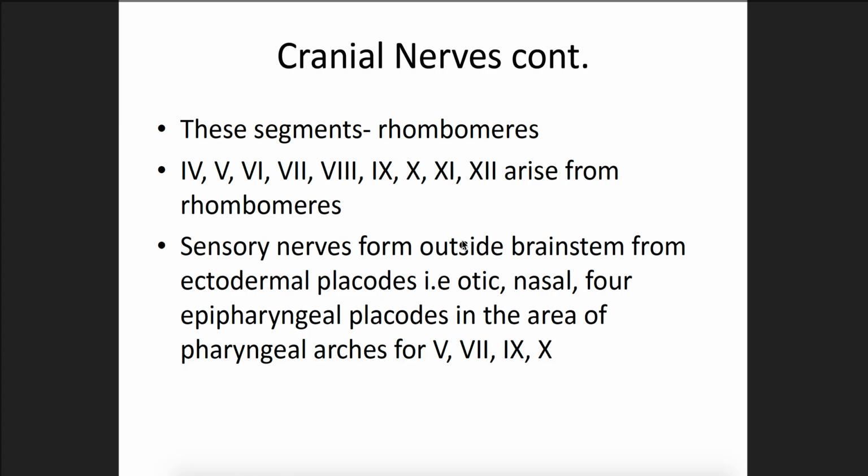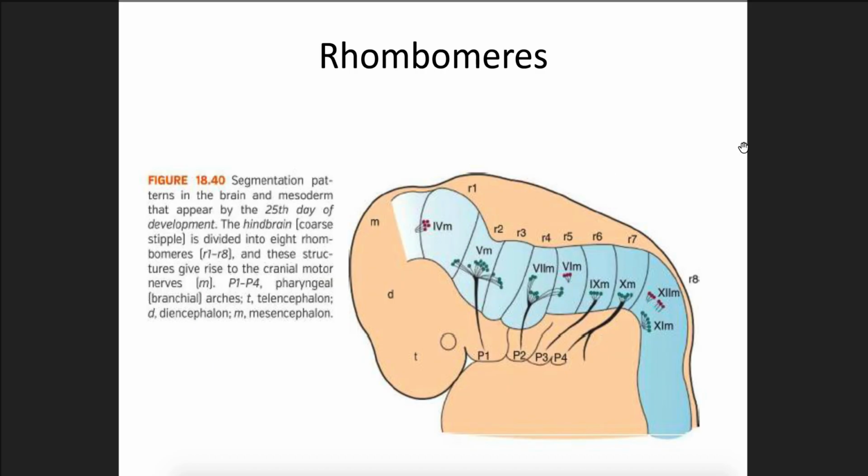And in addition to that, you have epipharyngeal placodes in the area of the pharyngeal arches for 5, 7, 9, and 10. So we'll go back to this. Look at this. In the area of the pharyngeal arches, you'll have 5, 7, 9, and 10.